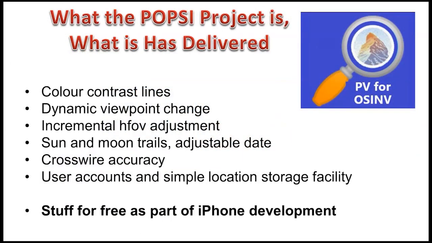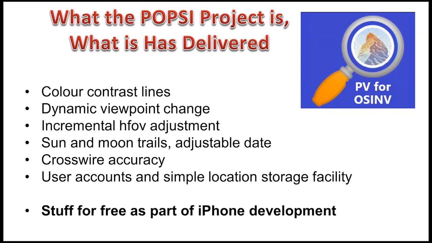So PeakVisor, as we know, is a work in progress. We're discussing how the more people feed into it, the more likely it is to progress. So far, in the first year of the POPSI project, we have delivered the color contrast lines so we can see our photo fits better.